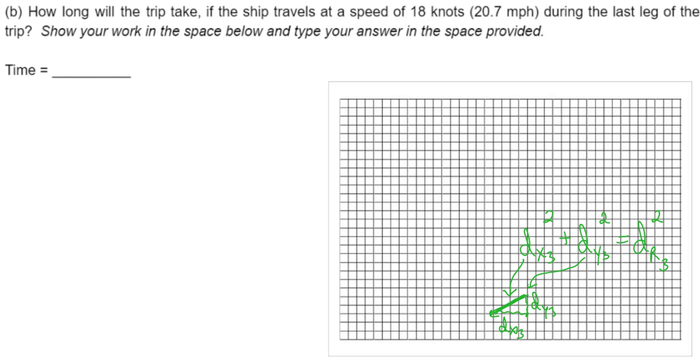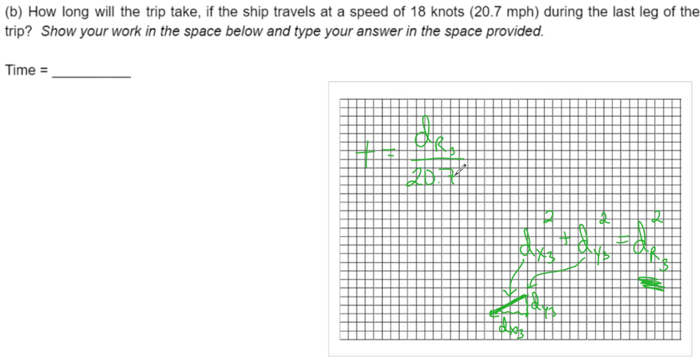So that gives us the last leg. Once we figure that out, if that's our distance and we're given 20.7 miles per hour, we'll find a value for our miles right here. The time would be equal to the total distance that we've traveled, dr3, divided by 20.7, and that will give us the time in hours that the last part took.